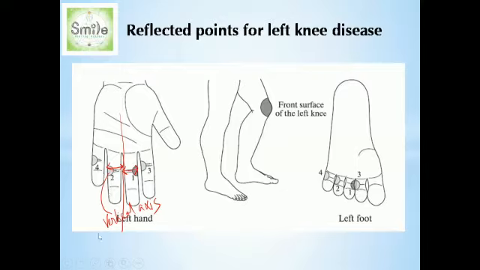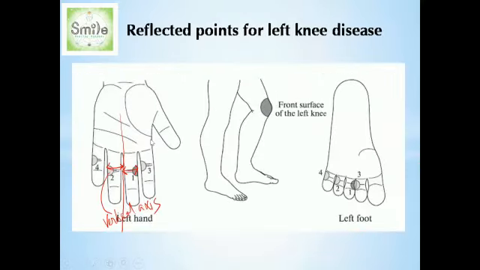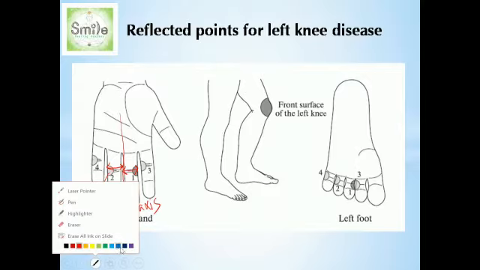Okay, the second axis we will discuss is the horizontal axis. The horizontal axis is passing, if this is the left leg, then it is passing in between the left leg and left hand. So here the horizontal axis, we will use a different color.